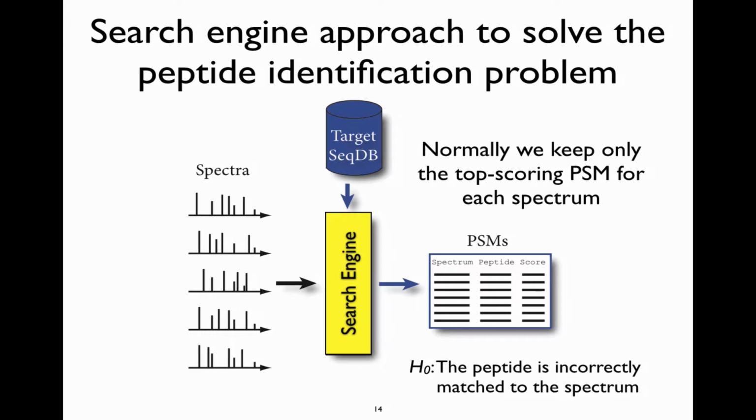So we end up with a list of top scoring PSMs, that is, the spectrum, the peptide, and the score. The null hypothesis that has been popularly used is that the peptide is incorrectly matched to the spectrum. And we can use this to derive false discovery rates.